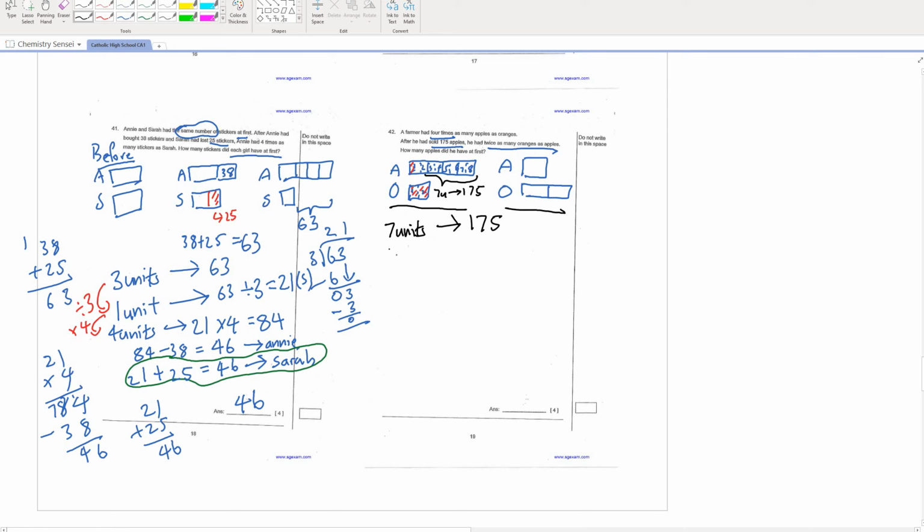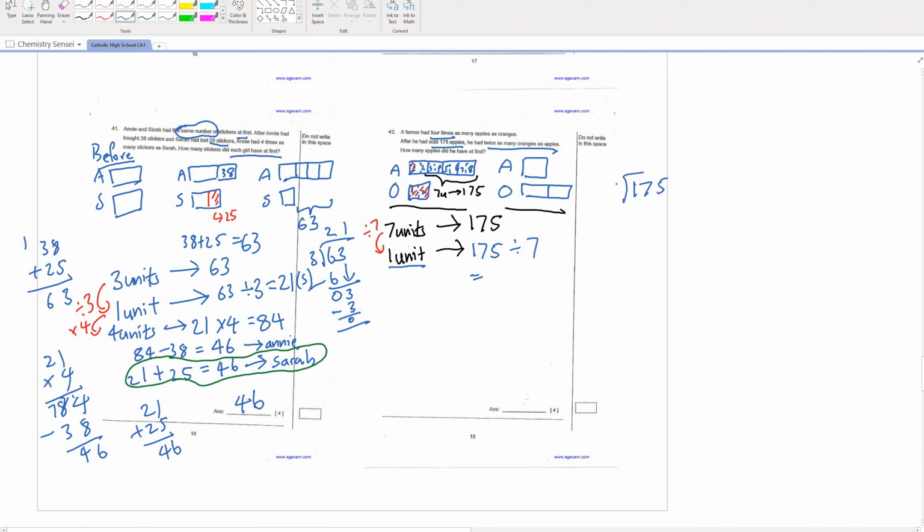Let's find out the value for 1 unit. You should have noticed by now that for this kind of questions, it's important to always find 1 unit. So how do we find 1 unit? We simply divide by 7. So when we divide on the left hand side, we should divide on the right hand side. So what is 175 divided by 7?